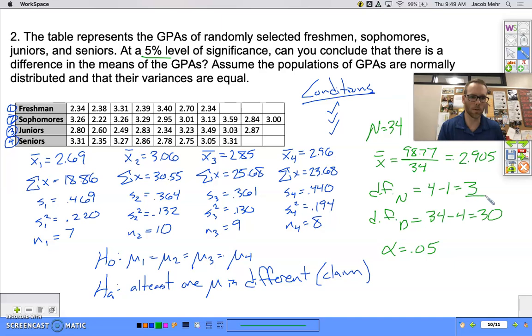We have the degrees of freedom of the numerator and the denominator with that level of significance. Remember, this is an F distribution, so we're going to have to go to the back of our book. Make sure that you choose the correct table, which is determined by the level of significance again. So I'm going to go to the 5% level of significance.